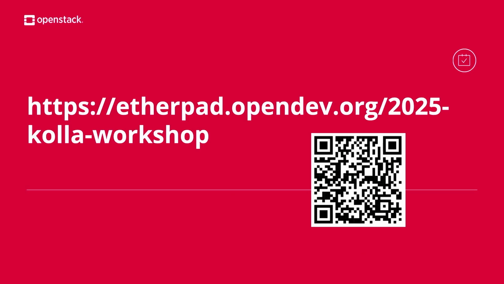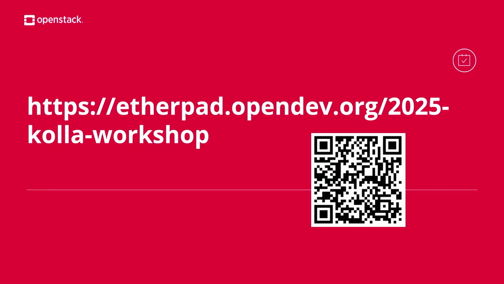For all that have come a bit later than Jakub was explaining, here's the link to the Etherpad. There's a list of virtual machines that you can use. Please assign your name in a comment beside the VM name.